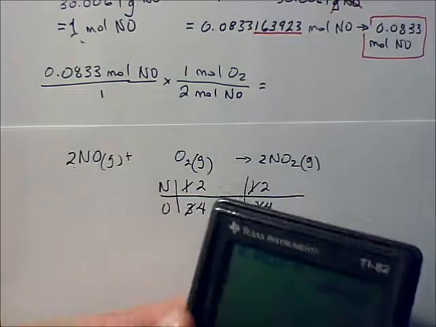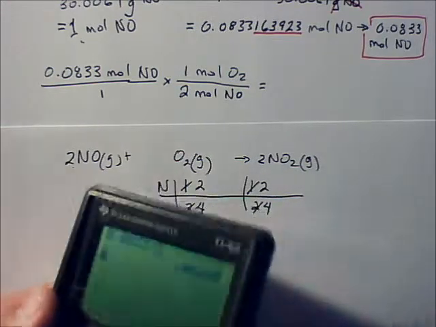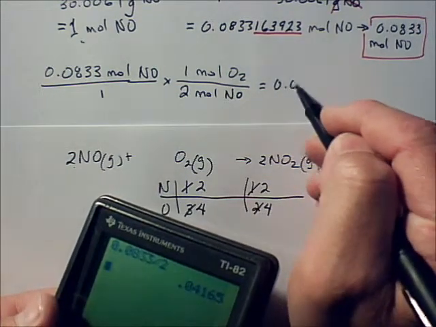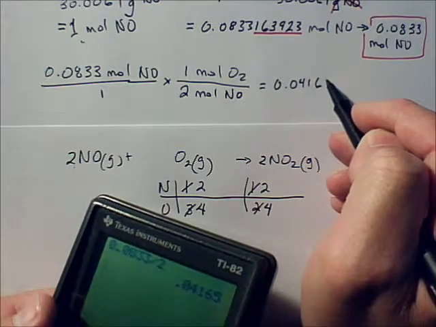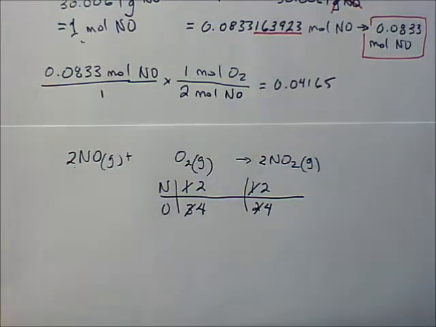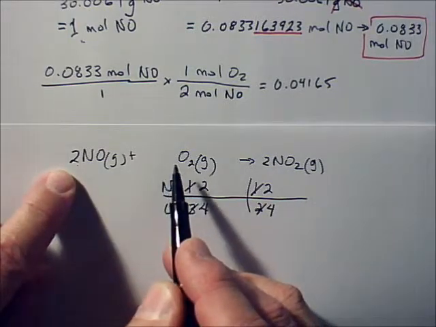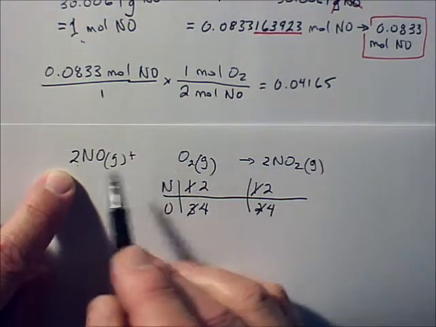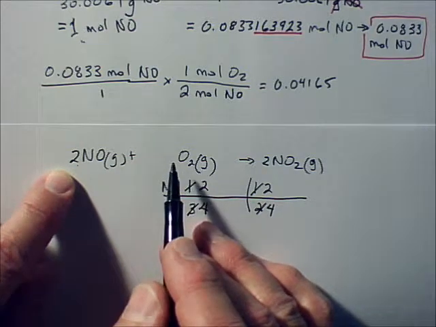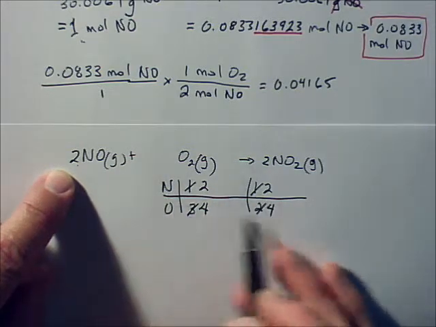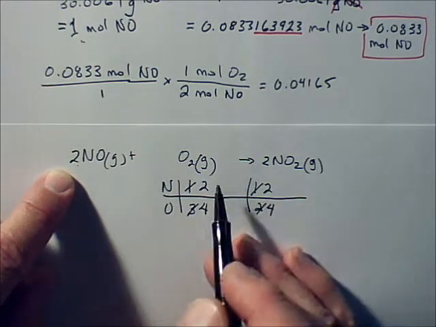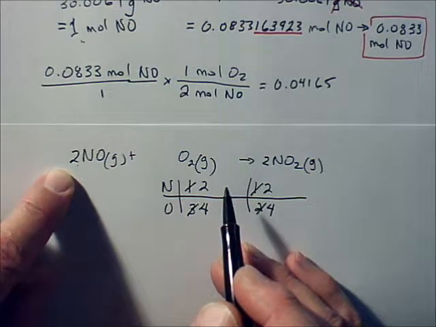Okay? Alright, so when I did the math, I get 0.04165. Now, these coefficients are counting numbers. When we're doing all this balancing of our equation, we're counting atoms, aren't we?